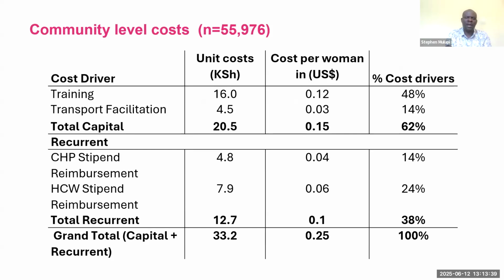For community costs, of these 55,000 women who were reached, it translates to about 0.3 USD, and capital costs accounted for a bigger percentage of the intervention at 62%.